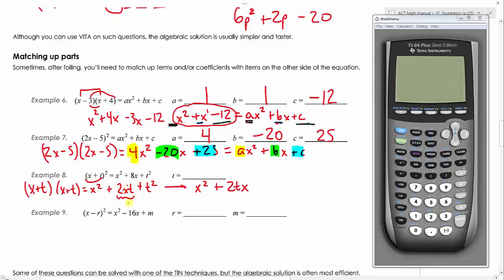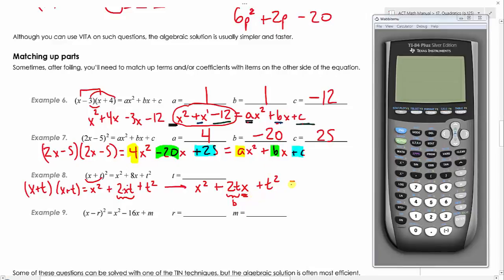I can write it 2tx, 2xt, t2x. It doesn't matter. I'm going to finish this up and do the t squared. I'm putting the x at the end so that it becomes clear that this 2t is actually my b. That 2t represents the coefficient in front of this x term.